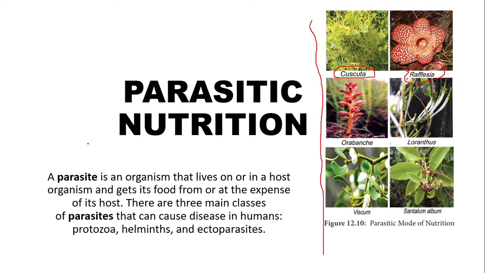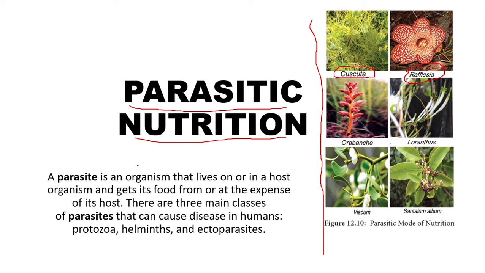Parasitic nutrition. So what is parasitic nutrition? Let's know about it. A parasite is an organism which lives on or in a host organism and gets its food from, or at the expense of, its host.